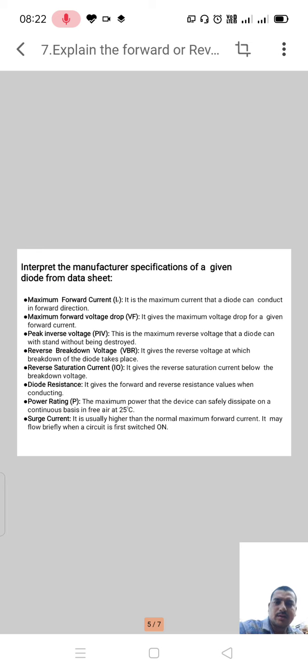Next one, surge current. It is usually higher than the normal maximum forward current. It may flow briefly when a circuit is first switched on.